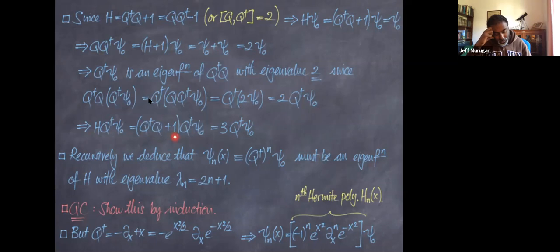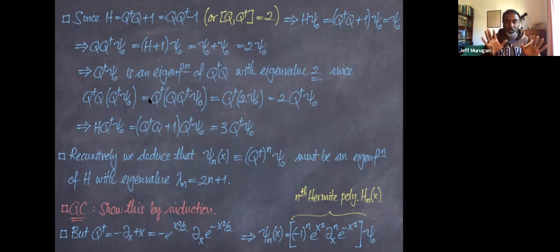And then there's another Q dagger psi naught coming from the plus 1. So that's 2 Q dagger psi naught plus another Q dagger psi naught. That gives me a total of 3 Q dagger psi naught. So H Q dagger psi naught is 3 Q dagger psi naught, which means that Q dagger psi naught is an eigenfunction of the Hamiltonian with eigenvalue 3.